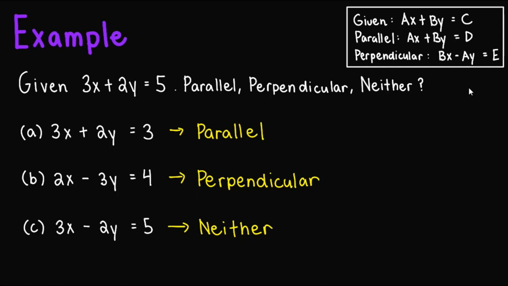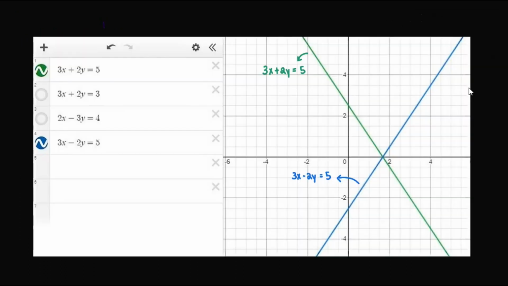And indeed, if we check its graph, clearly these two lines out here are not parallel since they intersect. Moreover, it is also not perpendicular since clearly this out here is not 90 degrees.